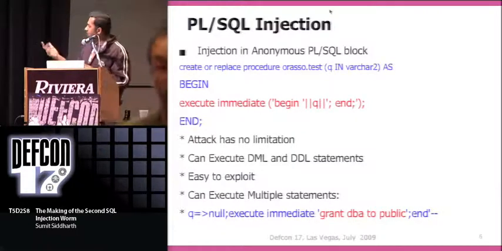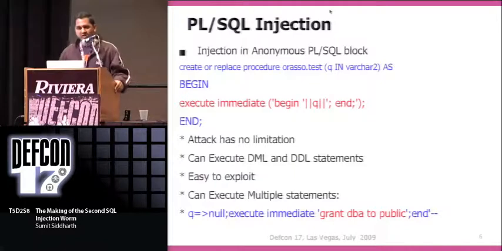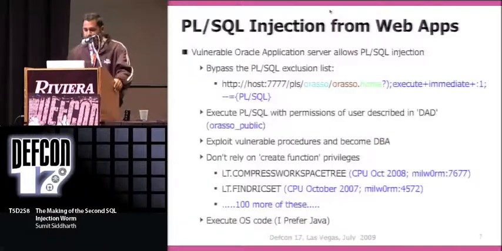So over here, you can clearly see it's a PL/SQL injection, and you can take control of that PL/SQL block. You can provide that parameter Q as null, and then execute immediate, maybe grant DBA to public, end. So over here, you don't have any restrictions. You can use semicolon and execute multiple statements, as I said, and exploitation is fairly straightforward.